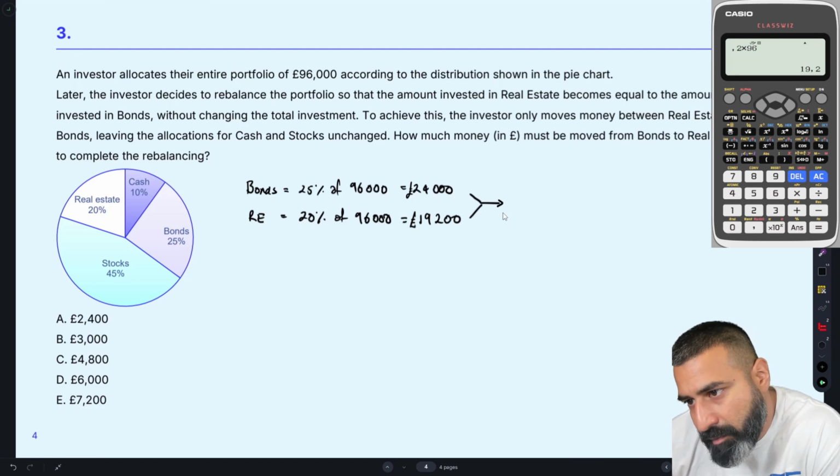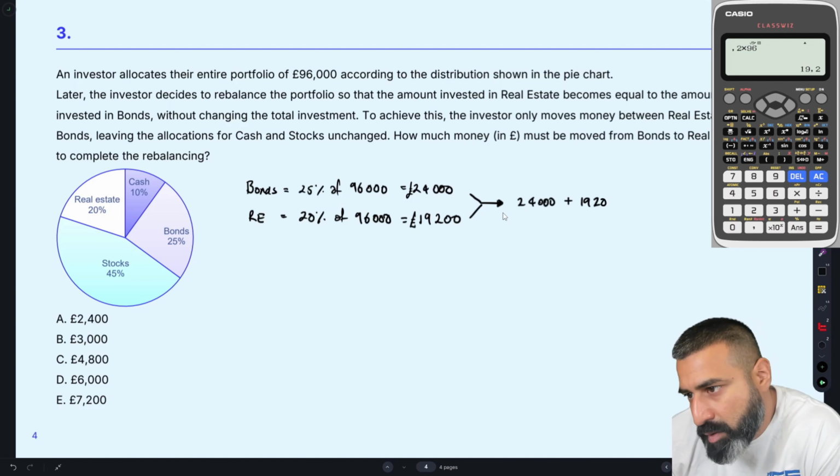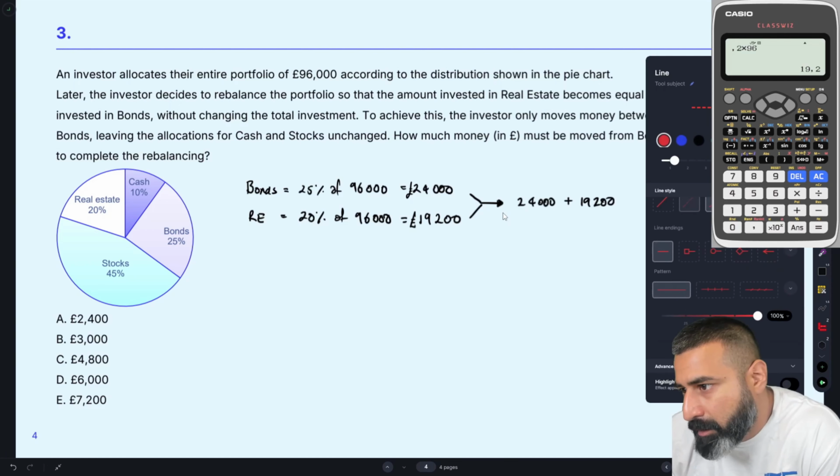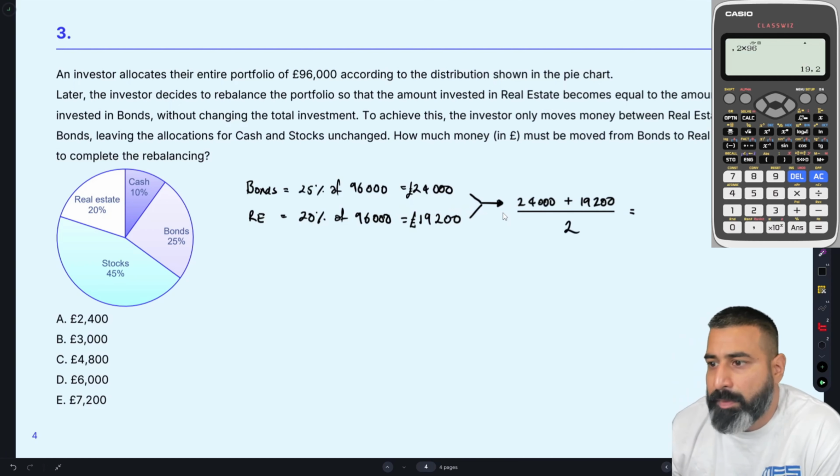So to find the midpoint, what we're going to do is 24,000 plus 19,200 all over 2.